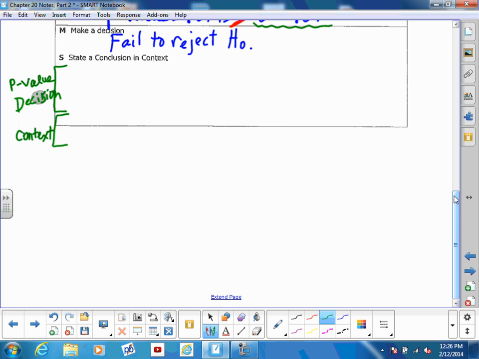And the final thing that you are going to include in your conclusion is make sure, go back and look, and make sure that you answer the question that it specifically asks. Don't go rambling off all this stuff without actually answering the question that it specifically asks. Okay? So let's do this.